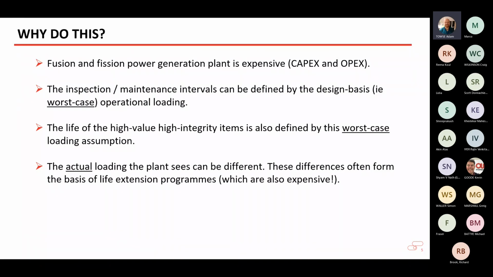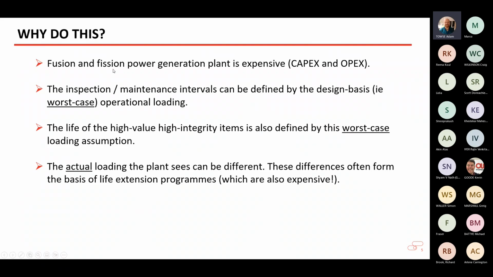Now, with the nuclear sector, especially on the fission side of things, that design basis is very conservative, as you would hope it would be. The regulator expects that the design basis forms a level of conservatism. There's conservatism elsewhere in terms of material capabilities and so on. Okay, so that's fine, and that's how you define the life of your plant.